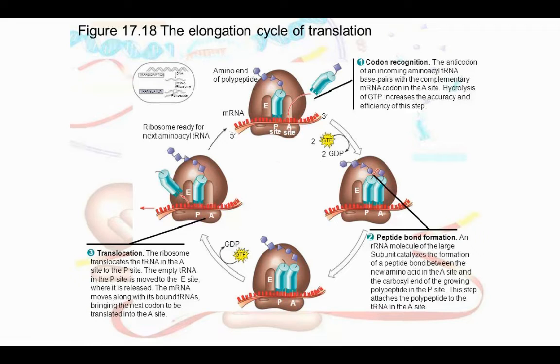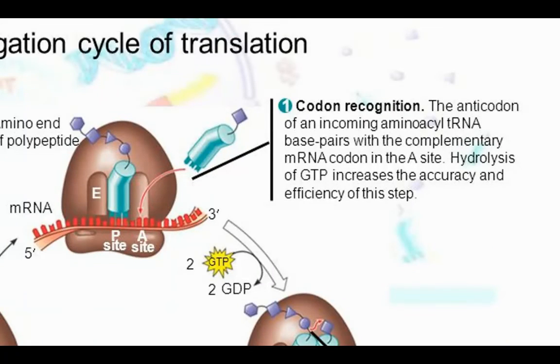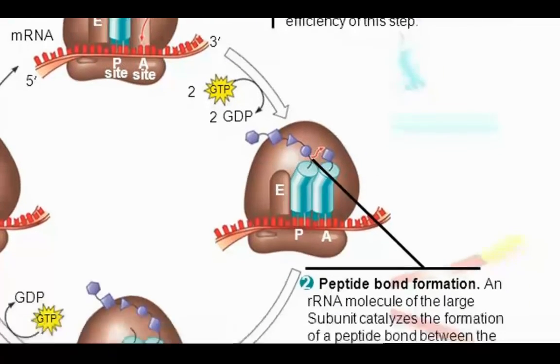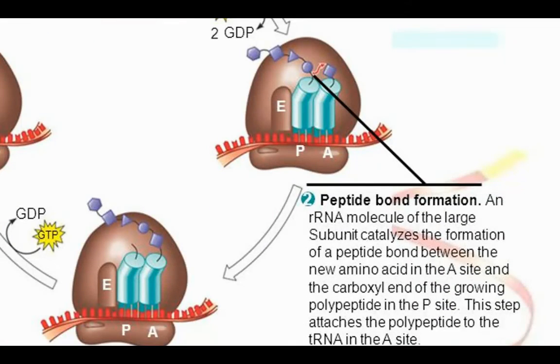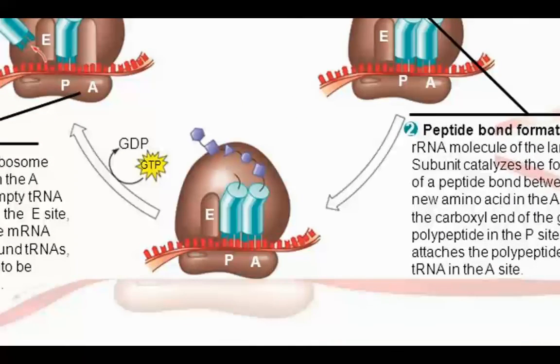So, let me zoom in here. Yan. Okay? So, tatawagin na yung next na protein. Then what would happen now is that the protein is going to be transferred from the tRNA on the P site going to the transfer RNA on the A site. Okay? So na-transfer na ngayon siya.